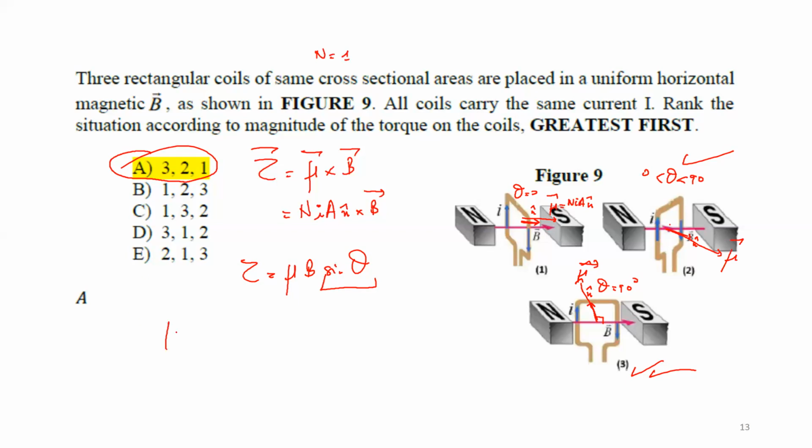You know that the orientation energy is just minus mu dot B. The torque is mu cross B. The orientation energy is minus mu dot B, so it's just minus mu B cosine theta.